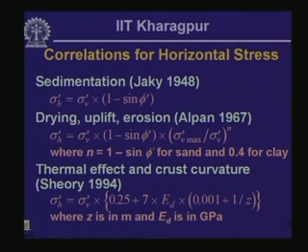Then, considering the effect of drying, uplift and erosion, Alpern in 1967 gave the following expression: sigma h prime equal to sigma v prime multiplied by 1 minus sin phi prime multiplied by a ratio, and that ratio is equal to sigma v prime max divided by sigma v prime to the power n, and this exponent is equal to 1 minus sin phi prime for sand and approximately 0.4 for clayey soils.